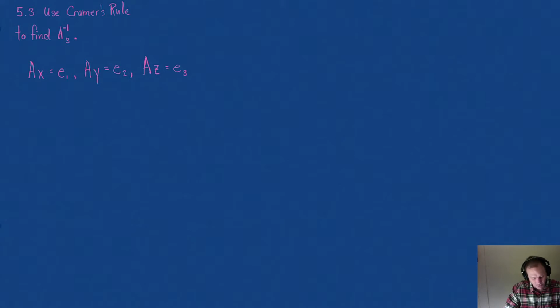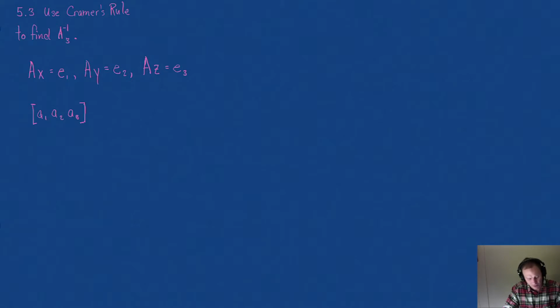Well, let's get started. To solve the first problem, we have some matrix A. It has columns A1, A2, and A3. Now remember, Cramer's rule uses determinants. So the whole idea here is we have to write the vector x as a determinant.